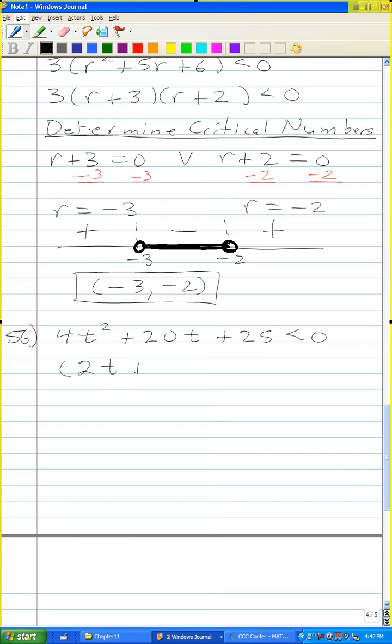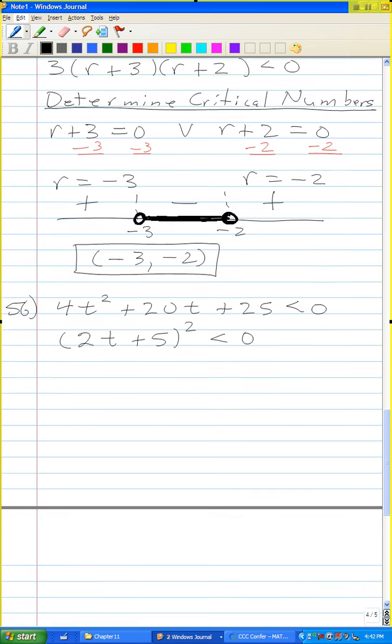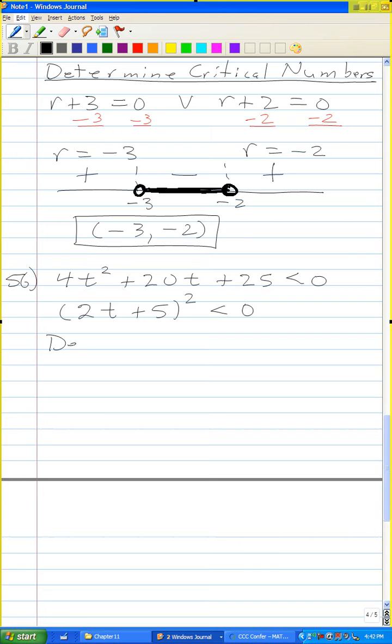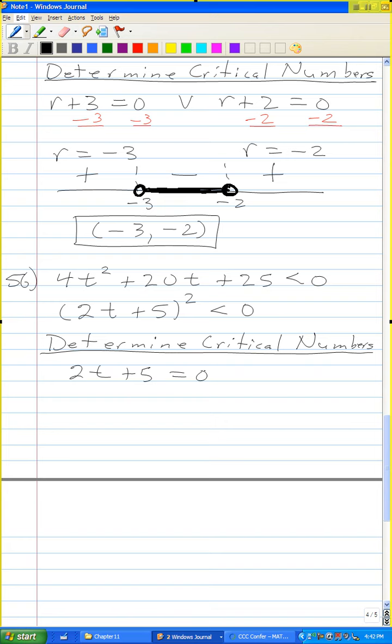The square root of 25 is 5. 2t times 5 times 2 is 20t. And so, yes, it is indeed a perfect square trinomial. And so, let's determine my critical numbers. Let's set 2t plus 5 equal to 0. Subtract 5.